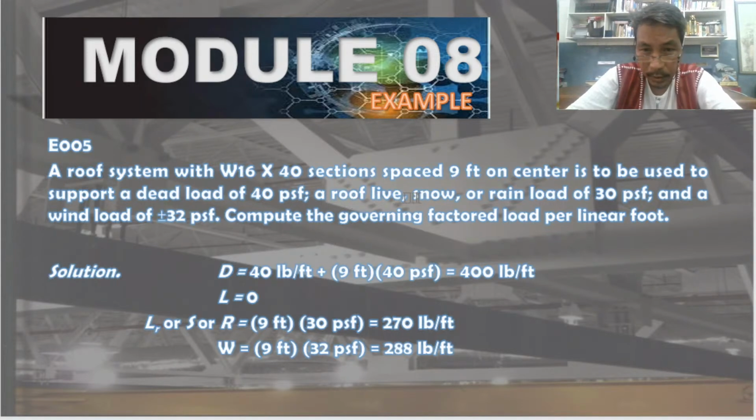Roof live is no or rain load, or the word or. It could be roof live, could be snow, it could be rain. That is 30. So 30 times 9, that is 270. So 270 could be LR, S, or R.